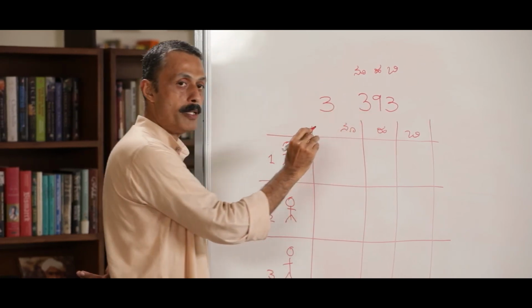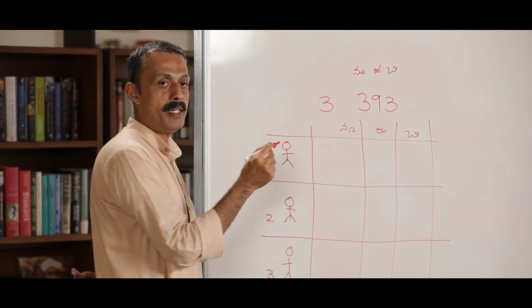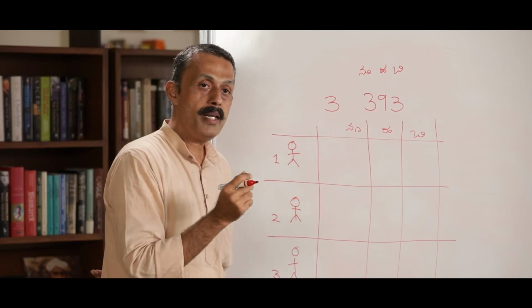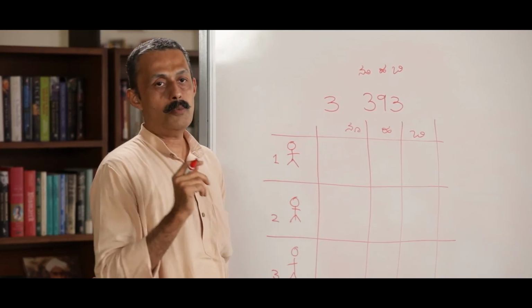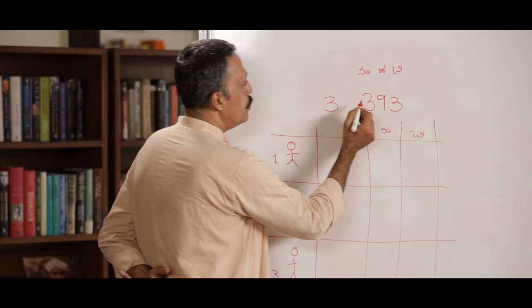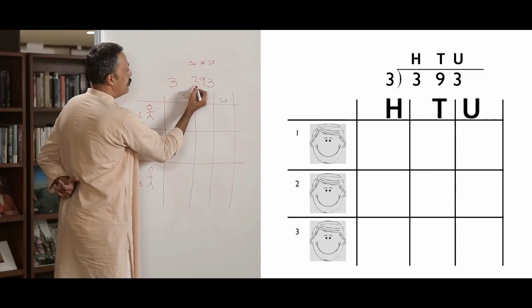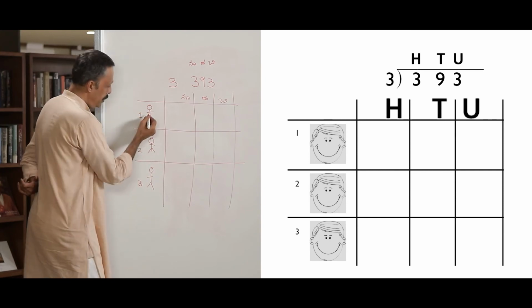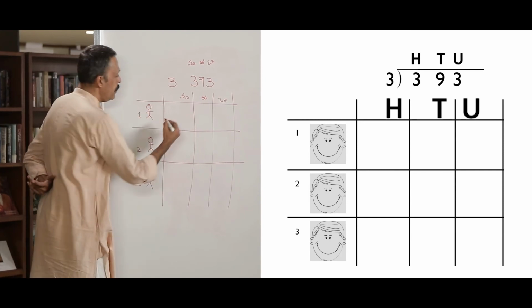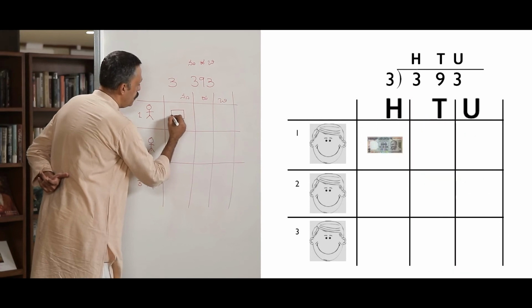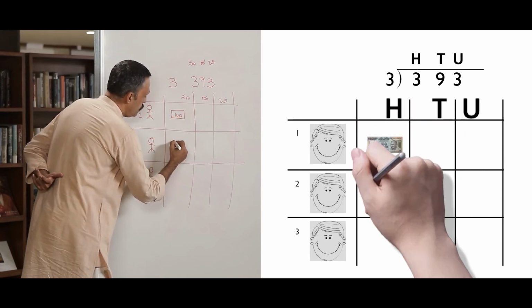Why should we begin from hundreds? That is because in division, we have to start from the highest place. 100 is the highest place value here. When we begin here, we have 3 in hundreds and we have to give it to 3 people. So each one gets 100 rupees.